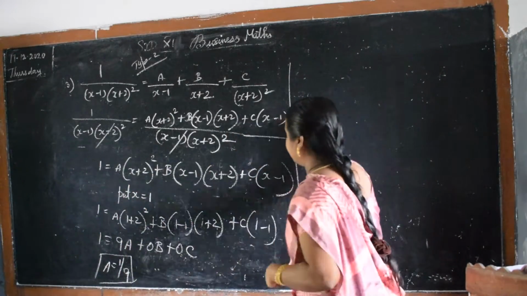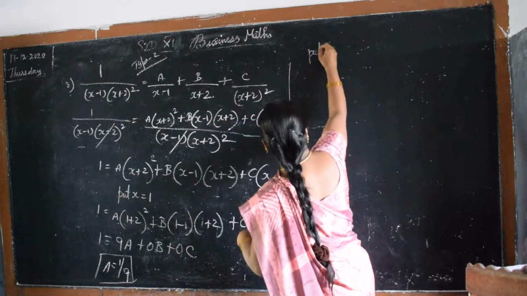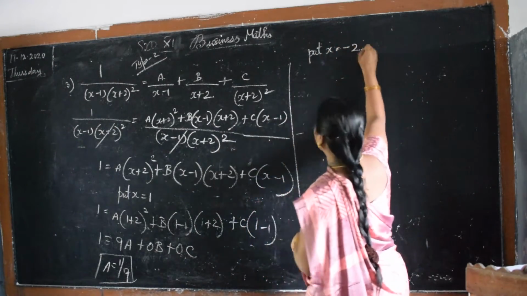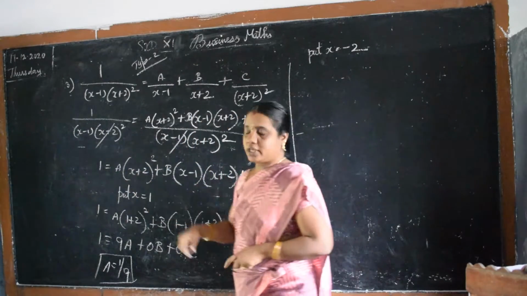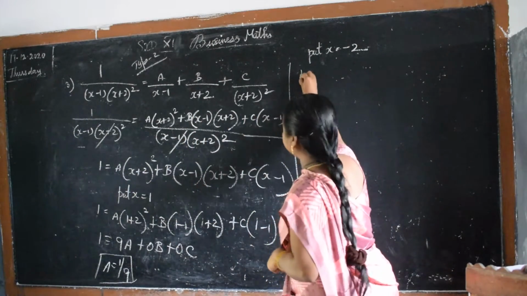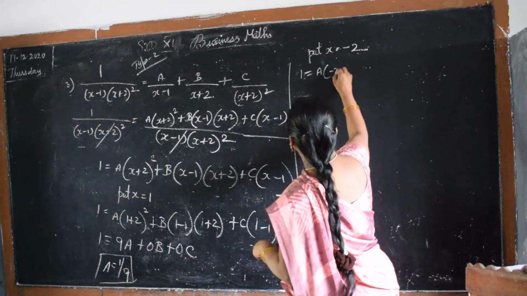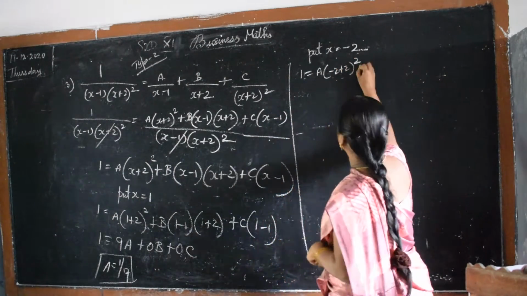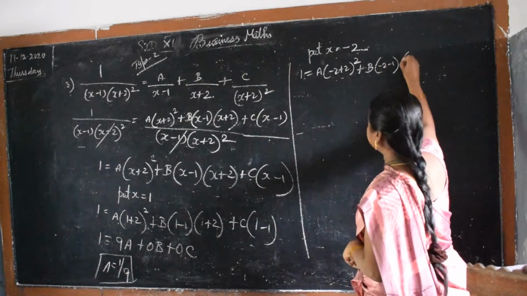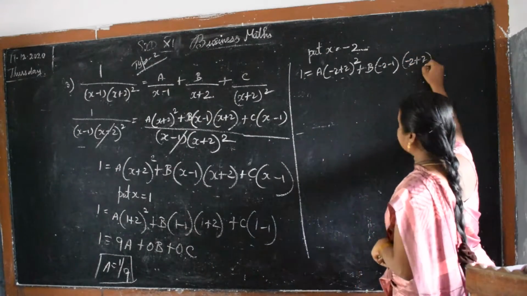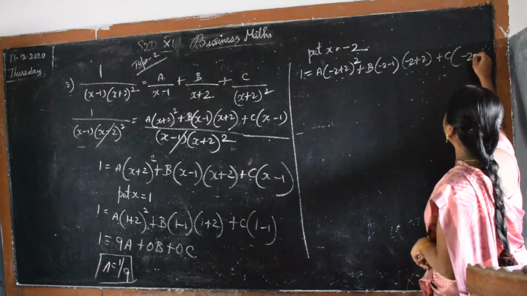இப்போ என்ன பண்ண போறோம்னு பாத்தீங்கன்னா, put x is equal to minus 2 போடலாம். Minus 2 போட்டனா here also I get 0, இங்கேயும் 0 வரும். Okay. Put minus 2. a into (minus 2 plus 2) whole square plus b into (minus 2 minus 1)(minus 2 plus 2) plus c into (minus 2 minus 1).